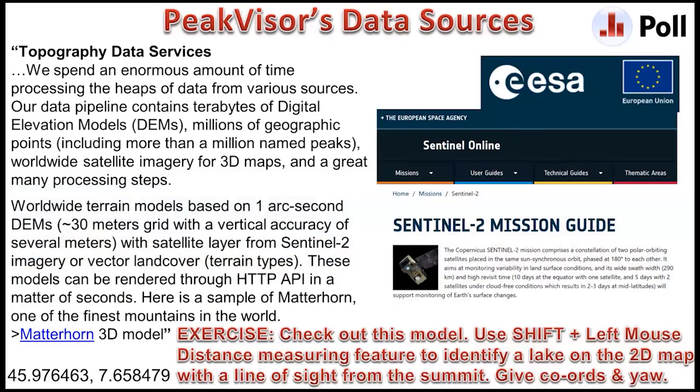Let's take a little look at PeakVisor's data sources. This is what they say themselves. I've put their own words in there. I'm not going to do this a lot because it's a lot of busy text, but they are telling you where they're getting their information. And it turns out that they're getting information from very modern sources, but they also get it from quite old sources.